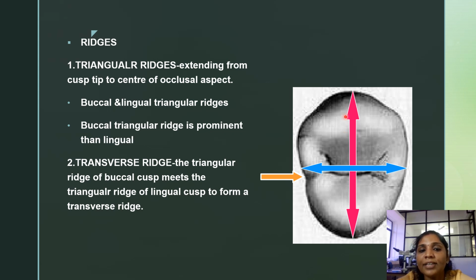And the buccal triangular ridge is more prominent compared to the lingual triangular ridge. And transverse ridge is formed when the triangular ridge of buccal cusp meets the triangular ridge of the lingual cusp. Here the whole ridge is called transverse ridge. The triangular ridge of buccal cusp meets the triangular ridge of the lingual cusp to form a transverse ridge.